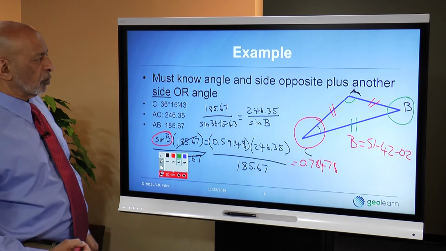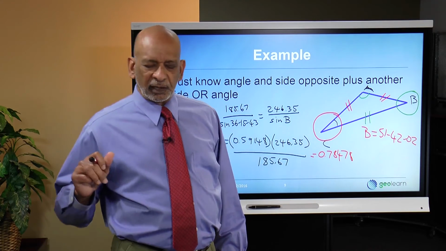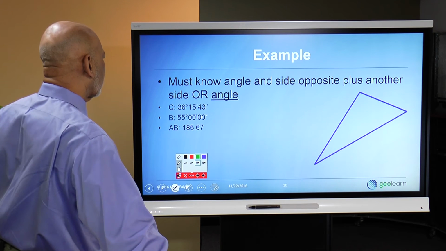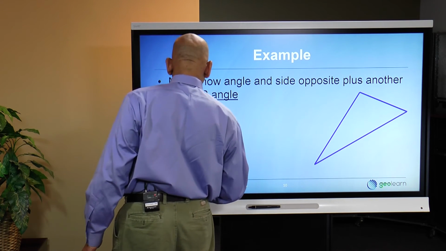So just realize that once you get that one side, you can get on a roll and solve all the other sides in the triangle. That's pretty much the way these all work.